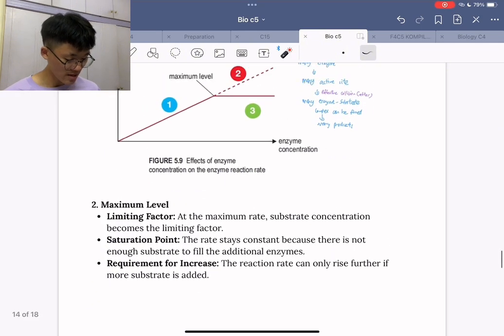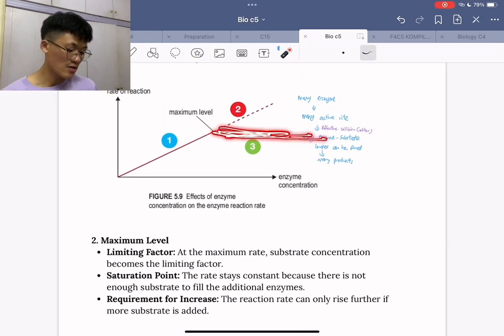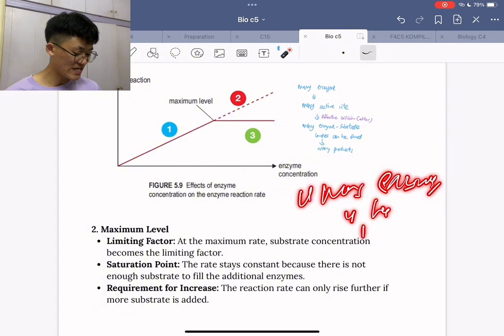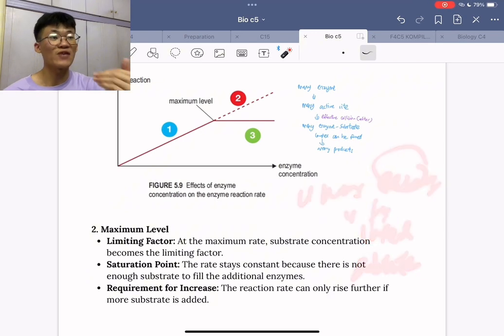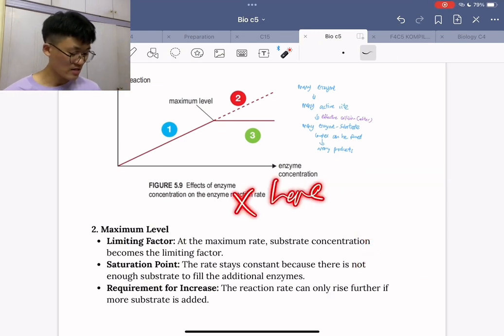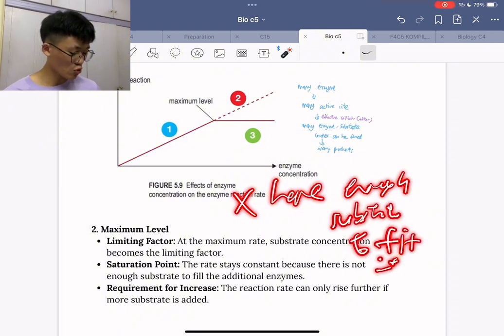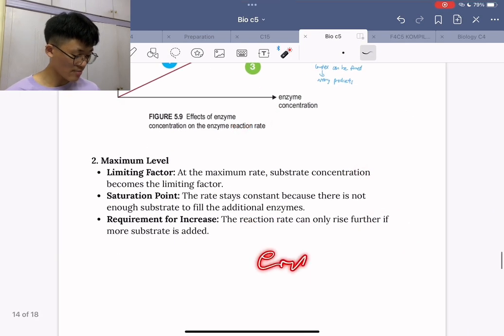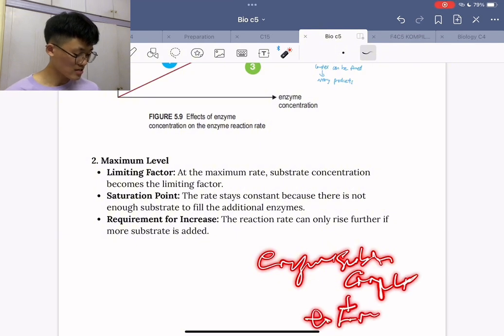And then you see why it becomes constant: if you have many enzymes but a limited number of substrates, even though you have many enzymes, you don't have enough substrate to fit into the enzyme to form the enzyme substrate complex to form the product.